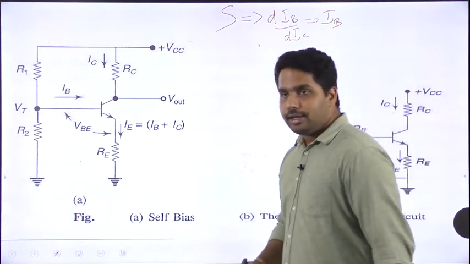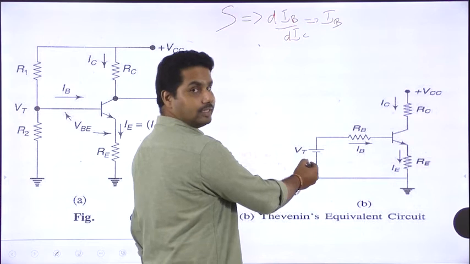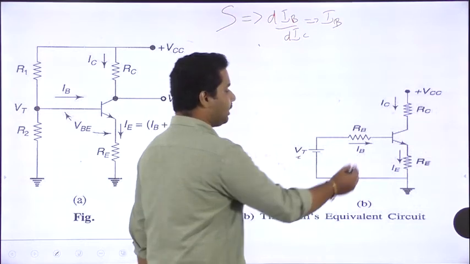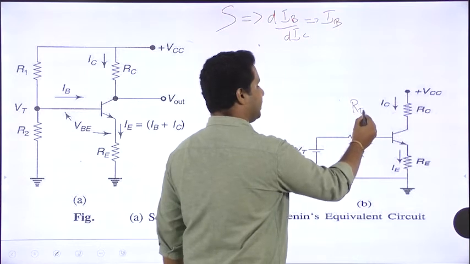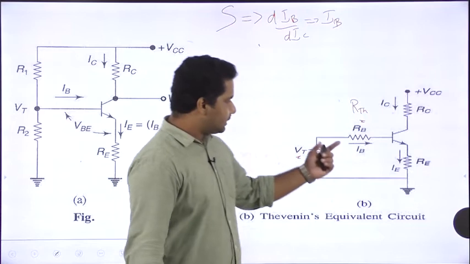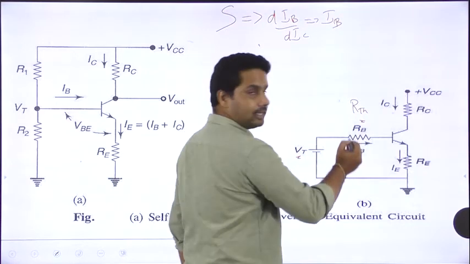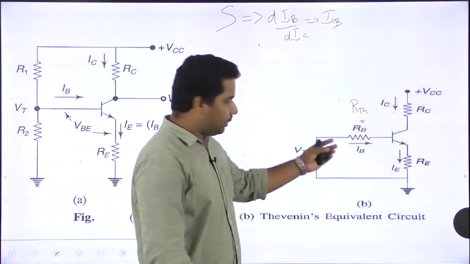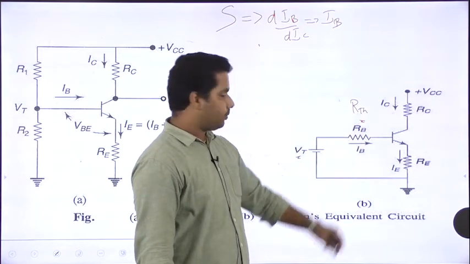You know that in a Thevenin equivalent circuit, you will have the Thevenin voltage, which is represented here as VT, and the equivalent resistance. Normally it will be RTH, Thevenin resistance. But in this case, to denote that the resistance is acting at the base terminal, I have noted it here as RB resistance. Don't get confused. In this particular analysis, RB is the representation for RTH only.